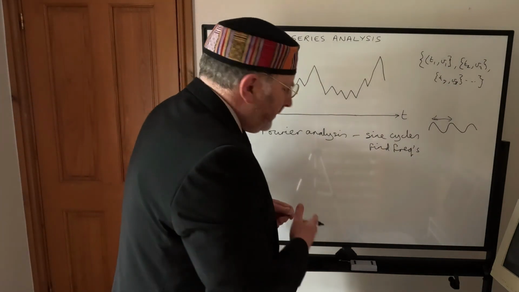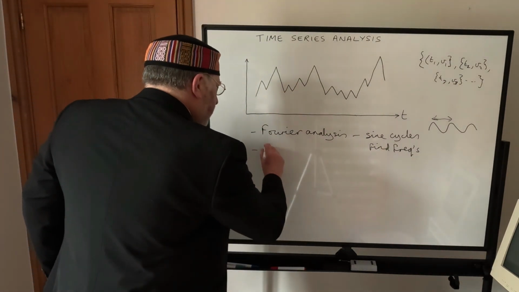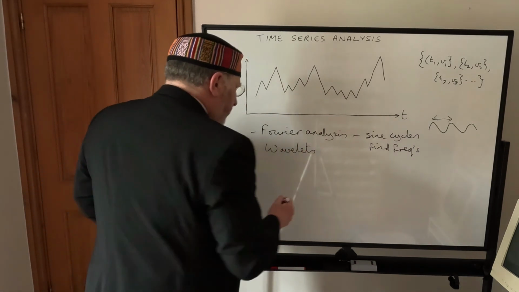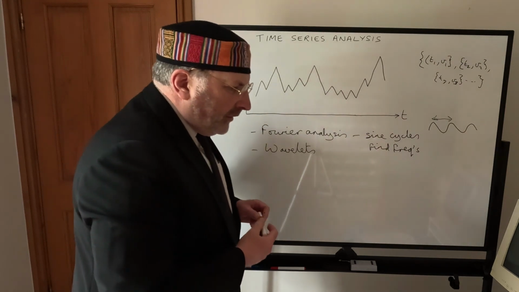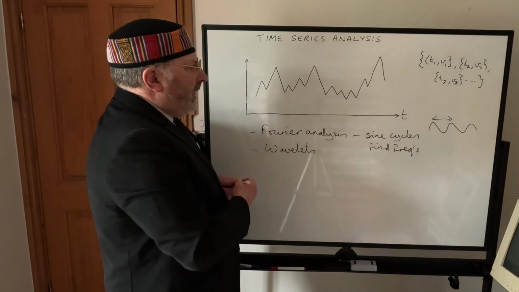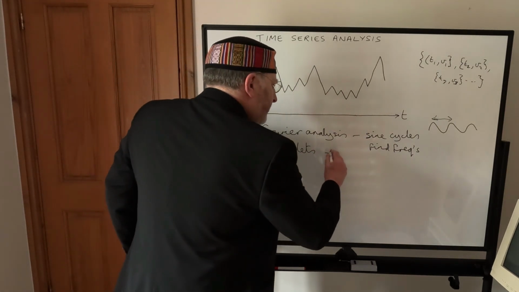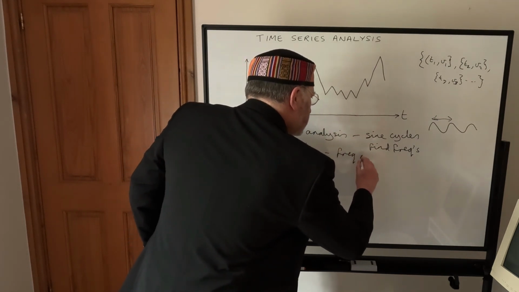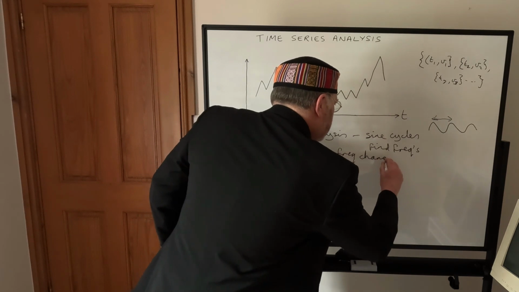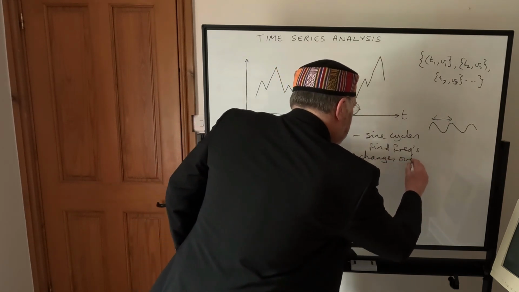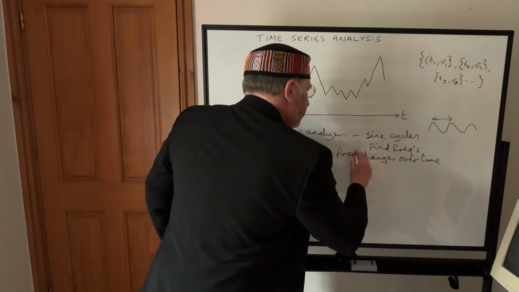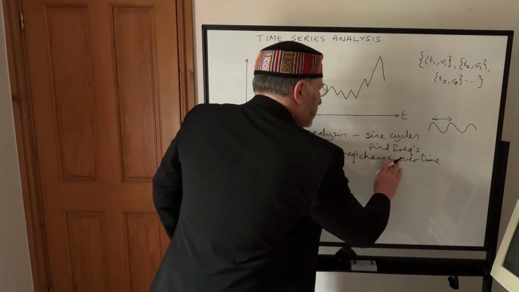And then the second approach we'll be considering is that of wavelet analysis. So in this case, it's useful when the frequency is changing over time. Or the frequencies change over time.